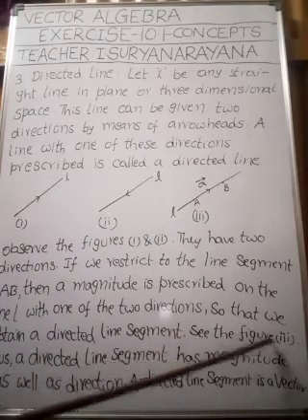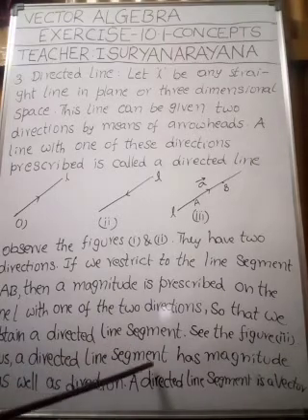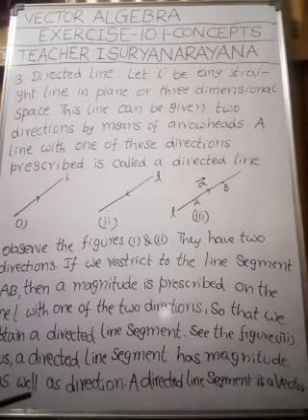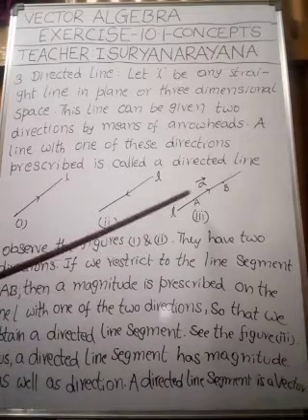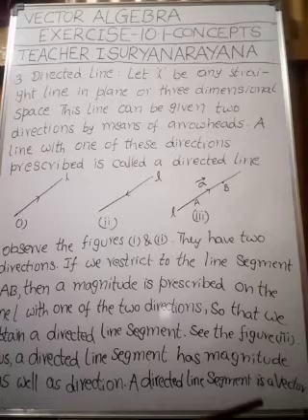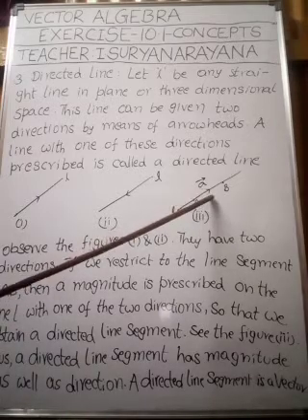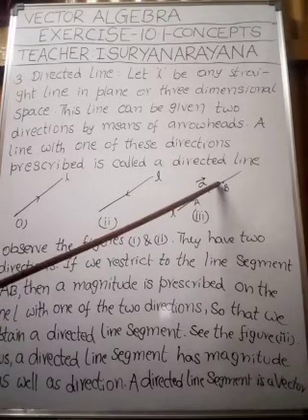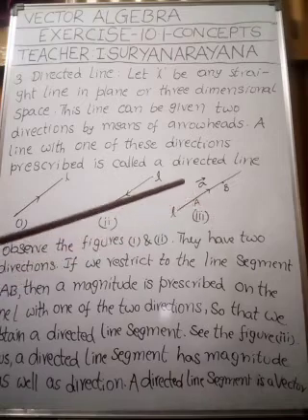See figure 3. Thus a directed line segment has magnitude as well as direction. You know the length of the line segment. You can measure the length of the line segment. And moreover here direction is also given from A to B. Yes or no, my children?